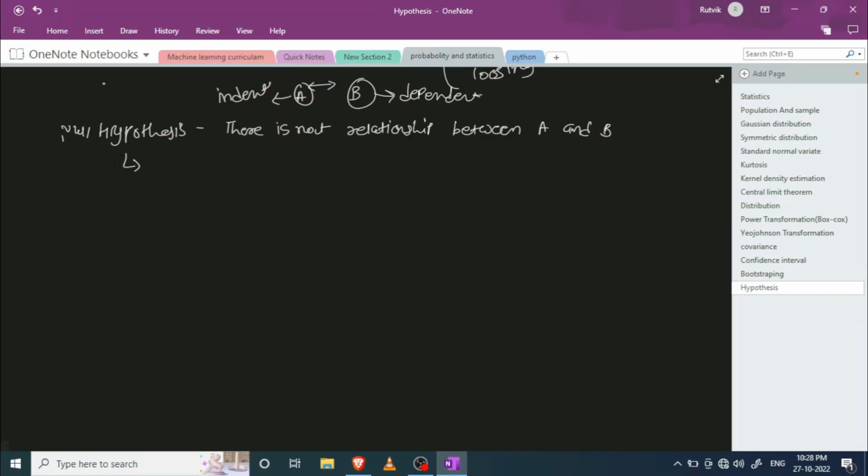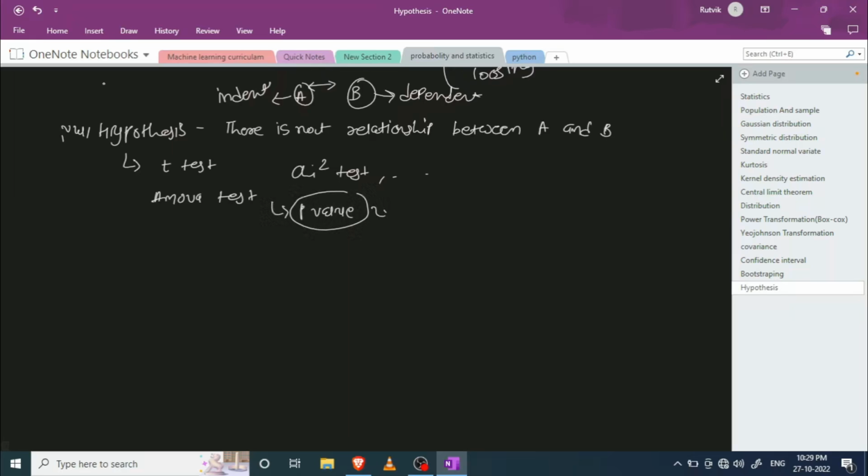Okay, and you perform some operation on it. There are some statistical techniques like the t-test, ANOVA test, and chi-square test, and many more, right? With the help of these techniques, you will calculate the p-value, right?